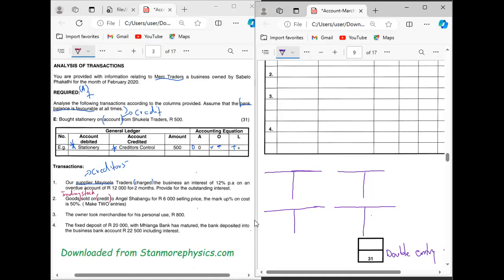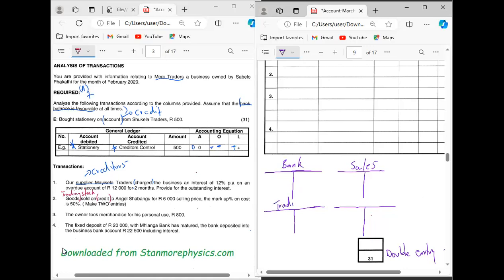Because we are selling goods and services, for example, if we are selling for cash, then we are going to have bank, because the money has to come to our bank account, and that money was generated by sales. And then what are we selling? We are selling trading stock.